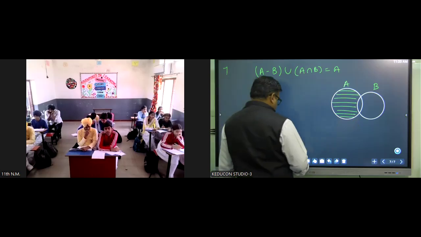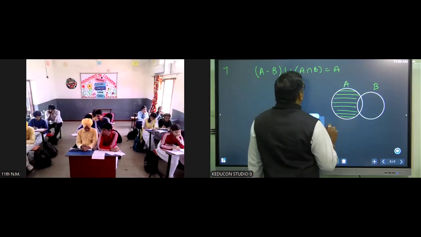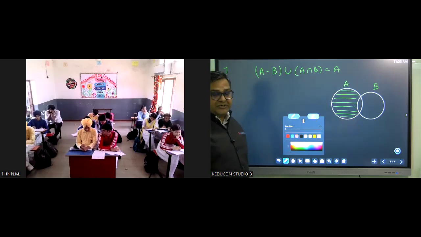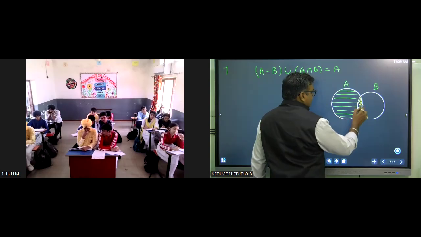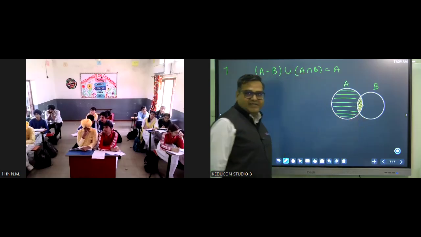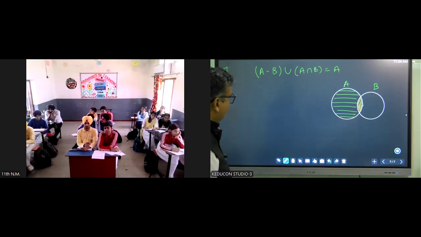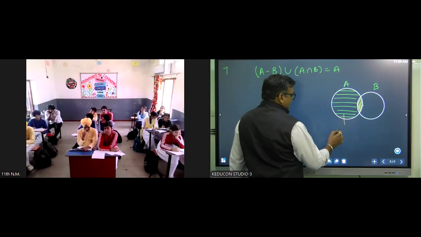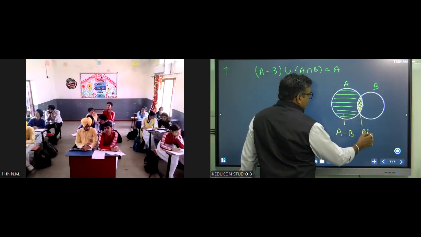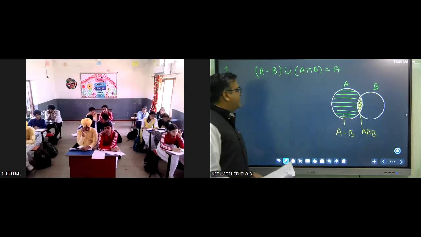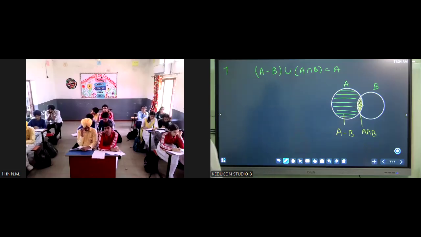Now, A intersection B. This part is A intersection B. Is it clear? Can you see this yellow one? That is here. This part is A minus B. This part is A intersection B. Now what he says, union of these two is equal to A. Is this true or false?